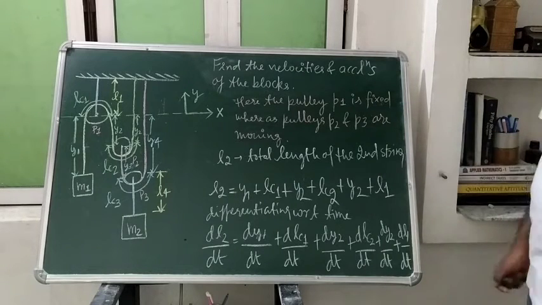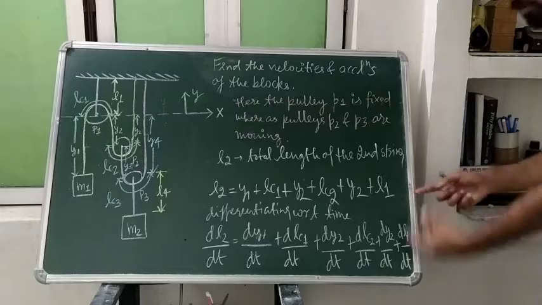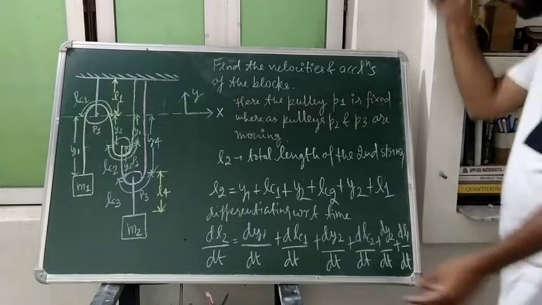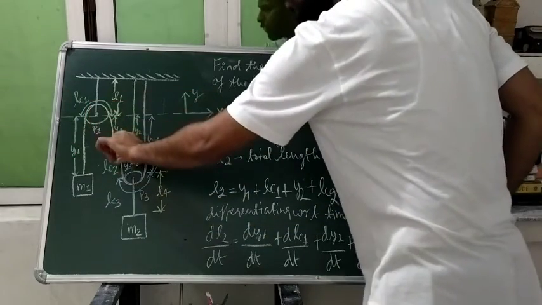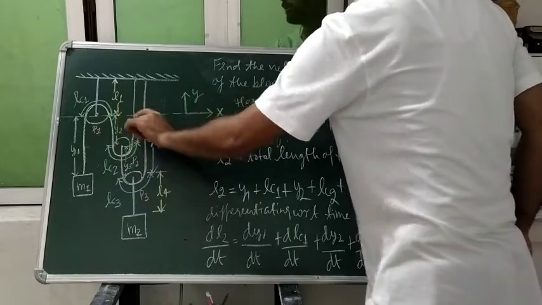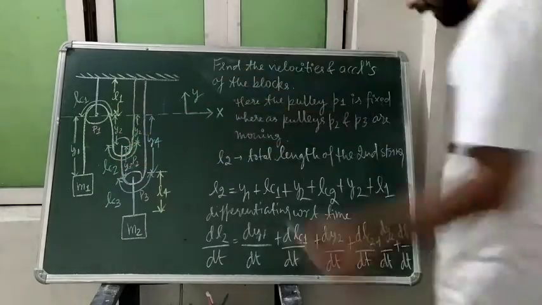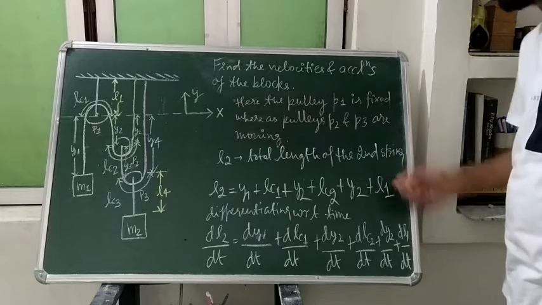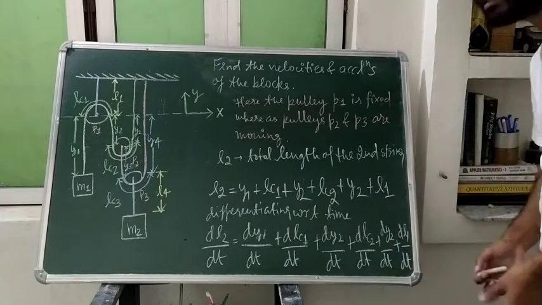Okay, so after differentiating this equation, we find this. L2 is Y1 plus LC1 plus Y2 plus LC2 plus Y2 plus L1, and we differentiate that with respect to time.